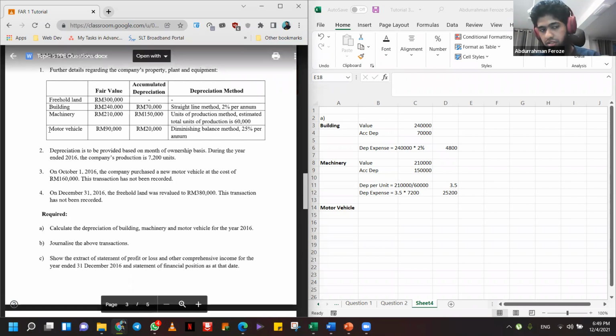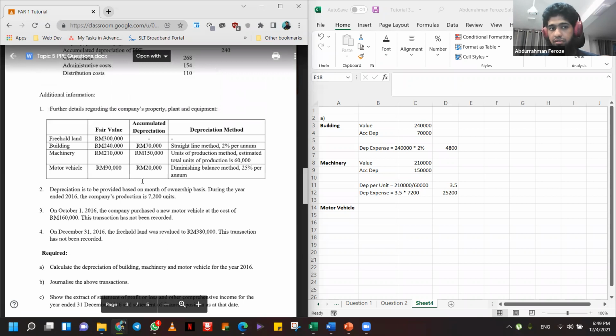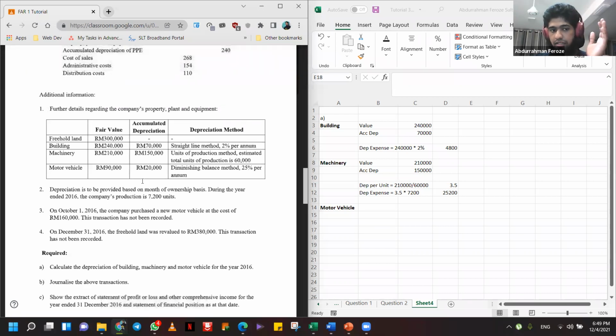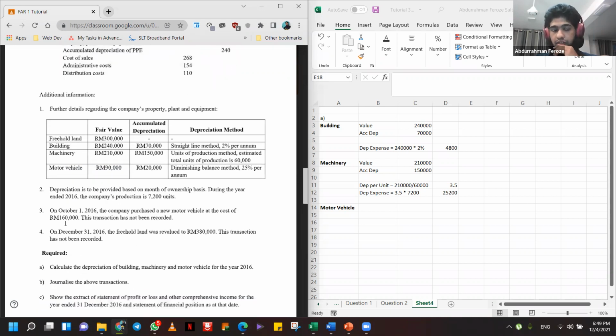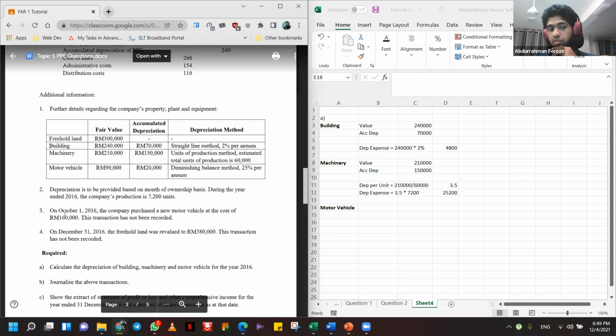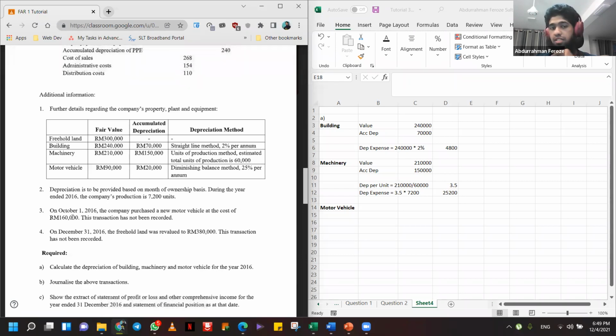The first one is the vehicle that the company had at the beginning of the year, and they bought a new vehicle as well on October 1st, 2016.